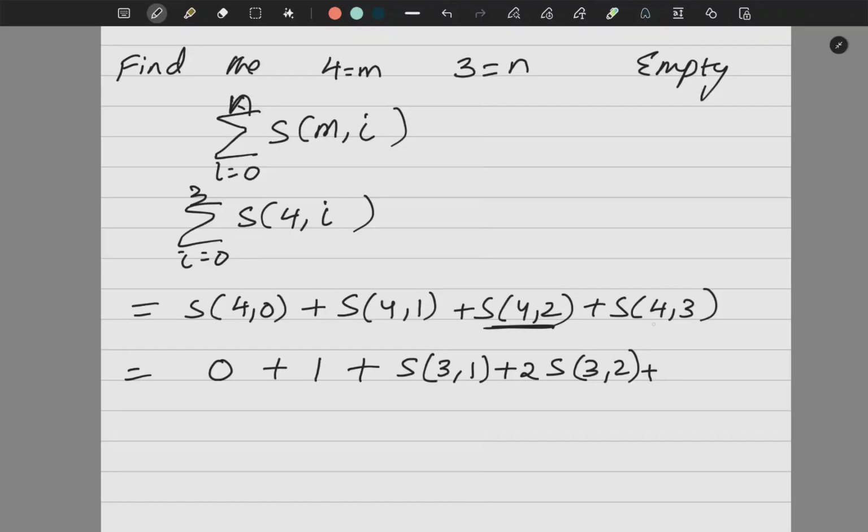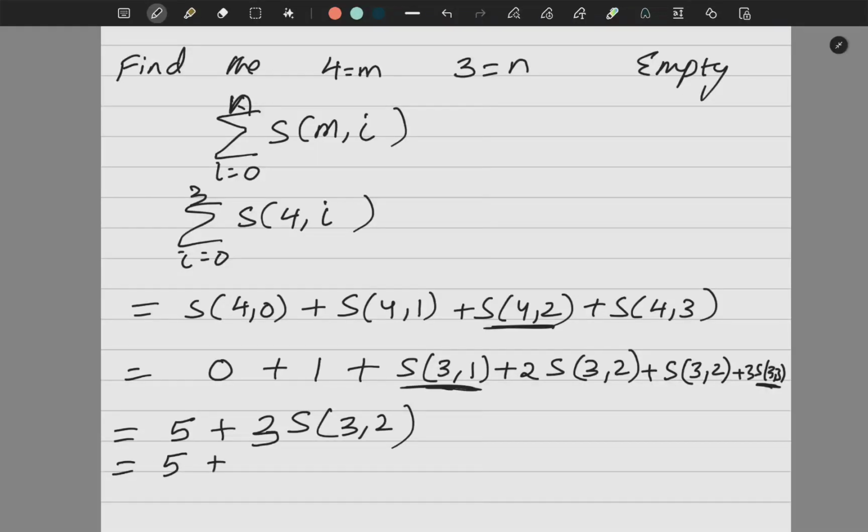Plus, now S(4,3), how can I write it? S(3,2) plus 3 S(3,3). So see here, this number will also be 1, this number will also be 1. So 1, 2, 3, 4, 5. So 5 plus 2s, basically 3 S(3,2).